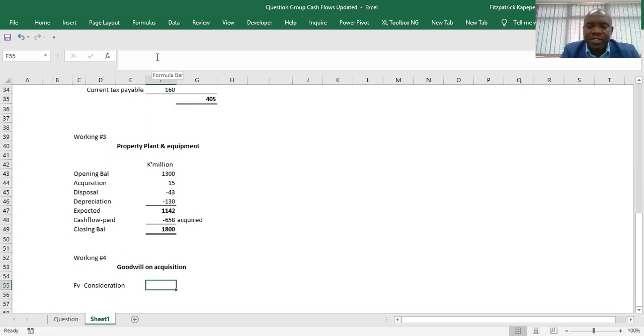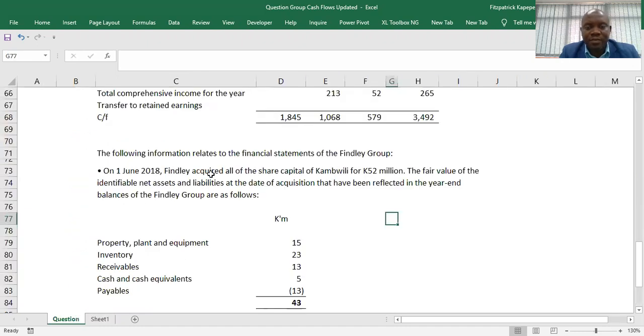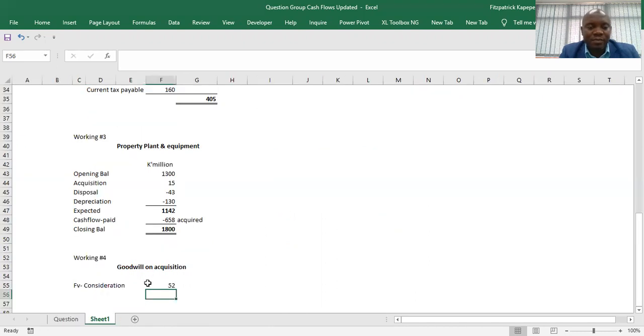So the fair value consideration was 52. This is what we're told here. Findlay acquired all of the share capital of Kambiri. Then what was the net assets? $43.